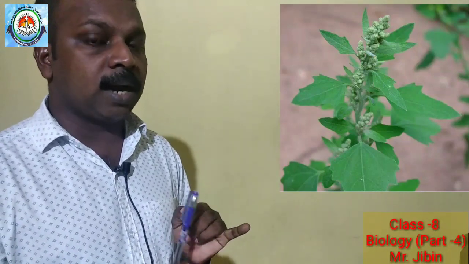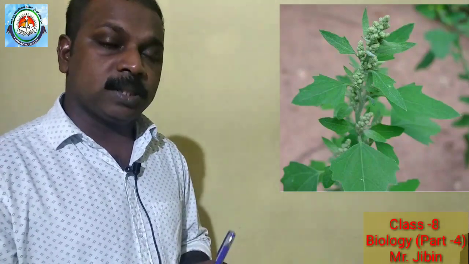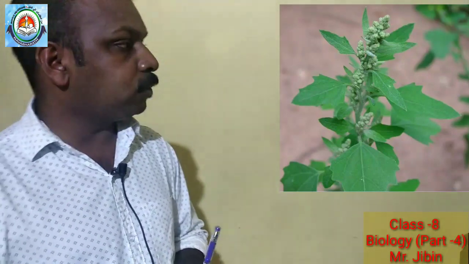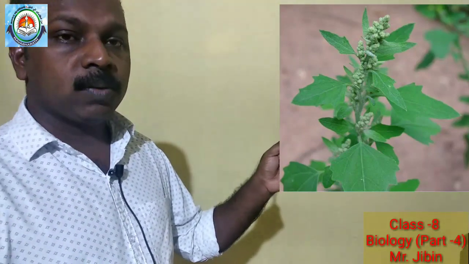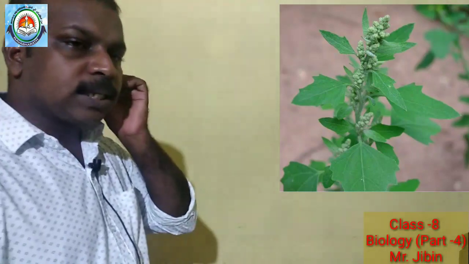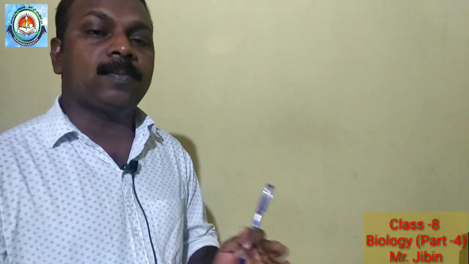So we discussed what are called weeds. Weeds are the unwanted plants growing along with the main crops in the field. Examples for such weeds are amaranthus or chenopodium. Okay. Now we should discuss why we should protect these crops from the weeds.